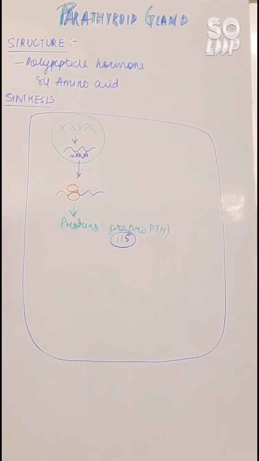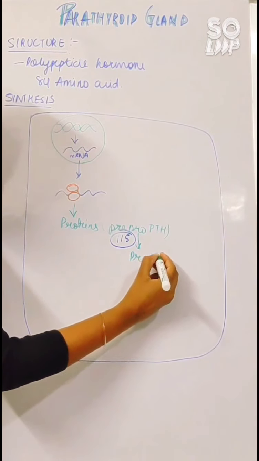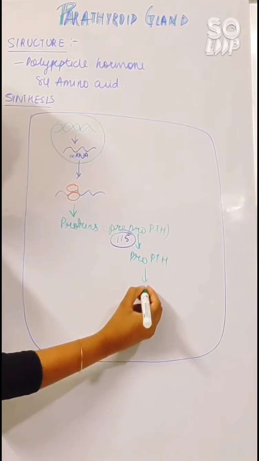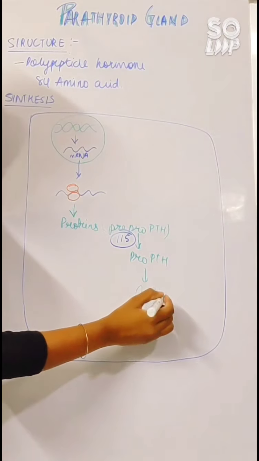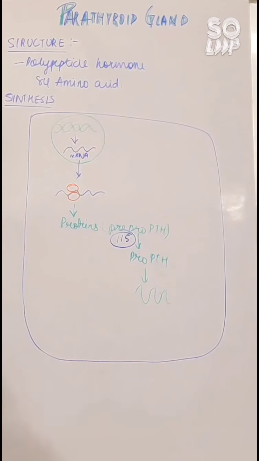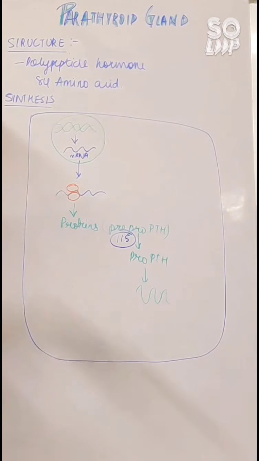Now this pre-pro-PTH converts into pro-PTH. This will be transported to the Golgi apparatus. We know the function of the Golgi apparatus: it helps in modification, packaging and transport.